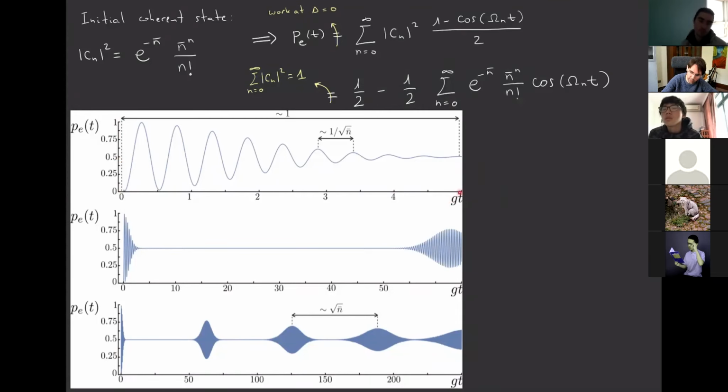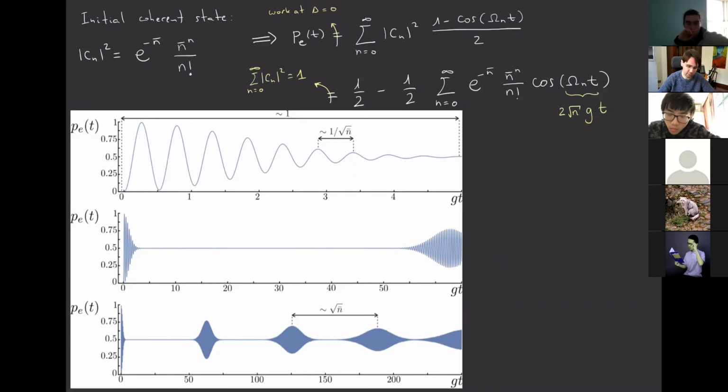Of course, time normalized to g, because I remind you that this omega_n, all this factor here, can be written as 2 times the square root of n, times g t. So you see that g, the coupling between light and matter, appears only as a normalizing time scale. So then we can take gt as the plot parameter, and plot the probability of being excited as a function of g times t.